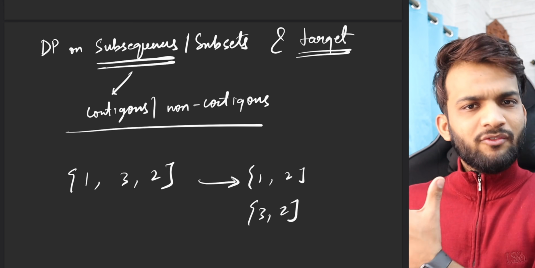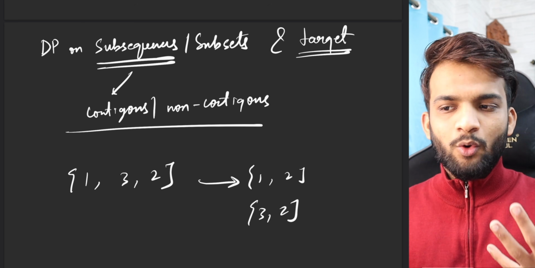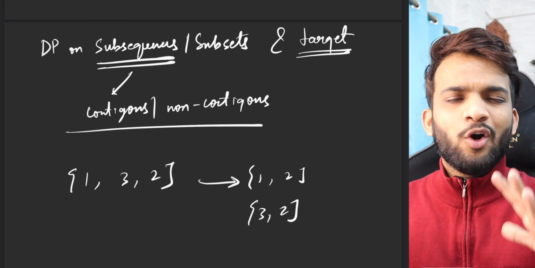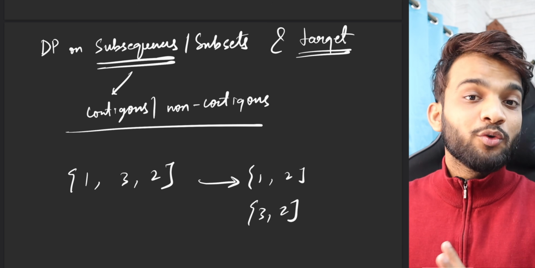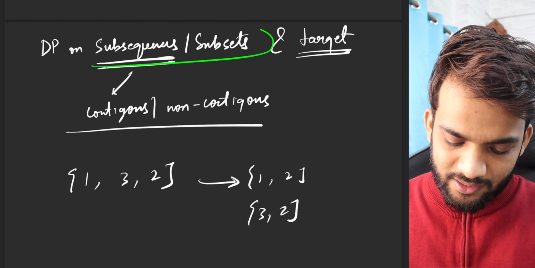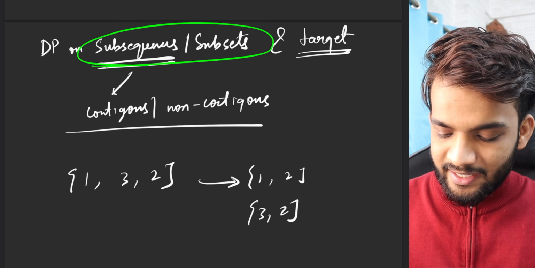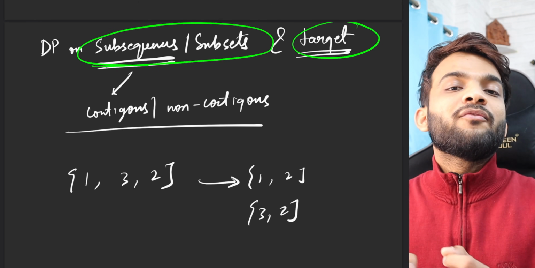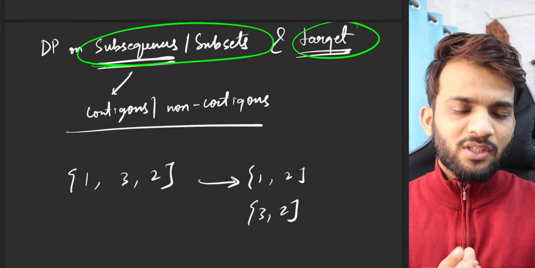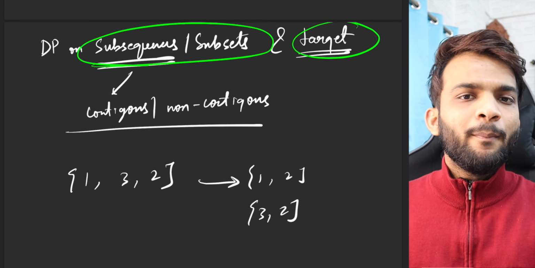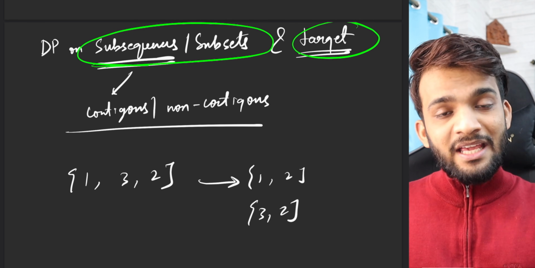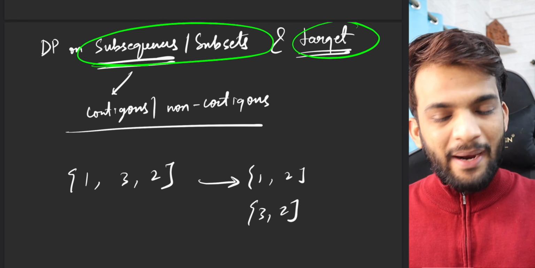Generically, we will be dealing with problems where it is said, okay, this is the target. You have to pick elements from the array in order, and they will give some conditions to reach that target. So all the problems that relate to subsequences, subsets and target will be part of the next pattern we will be solving. We'll be solving a bunch of problems, and I promise, the moment we finish the last problem in this pattern, you can solve any problem in this pattern.